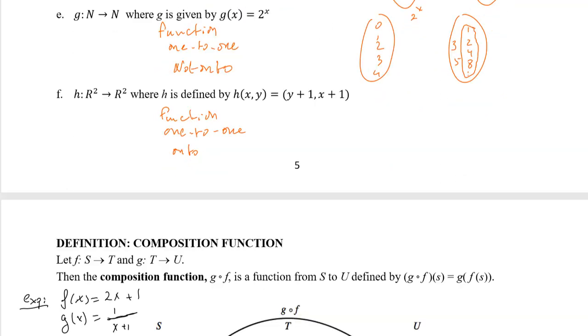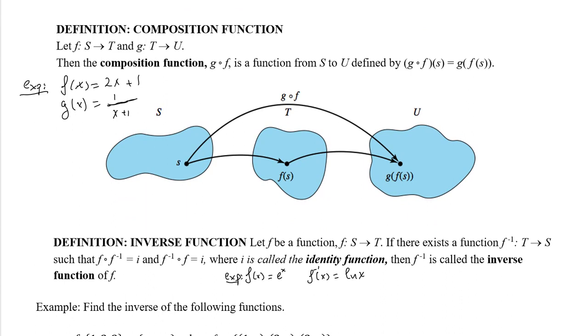Okay, so let's talk about the composition of functions. So a function f is 2x plus 1 and g, for example, is 1 over x plus 1. So the composition, maybe I will call it either f of g of x. So I start with f, which is 2, and then instead of x, I replace it with g of x, which is 1 over x plus 1, and then plus 1.